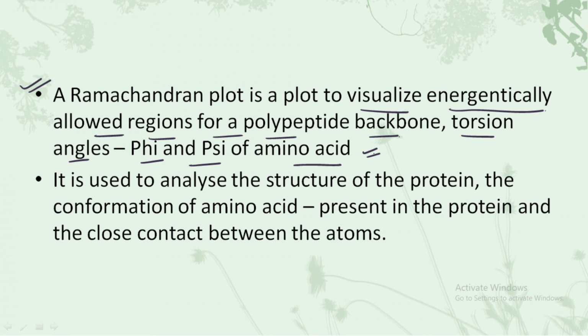Now you can very easily understand this definition, because I have made you understand what the psi and phi angles are, and also what an amino acid is. The next point is that it is used to analyze the structure of the protein, the conformation of the amino acids present in the protein, and also the close contacts between the atoms. So this is the reason why we use the Ramachandran plot.